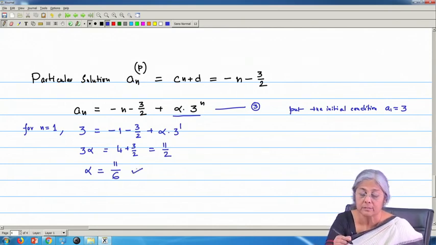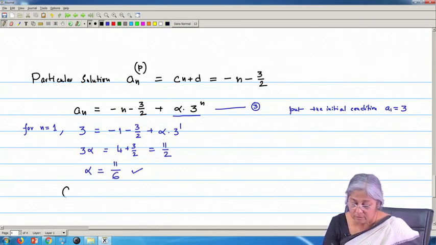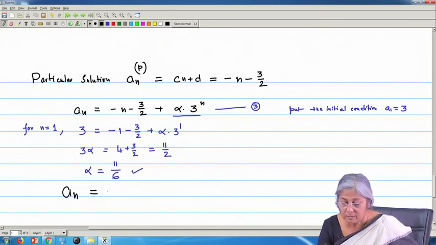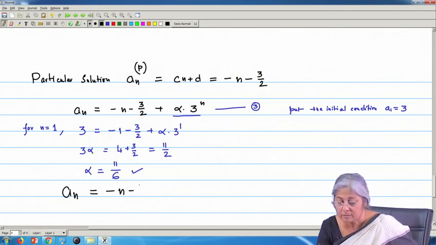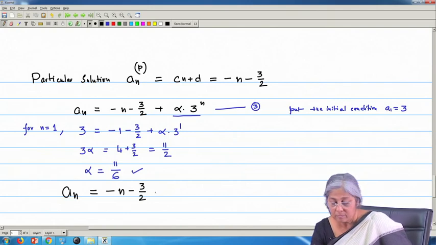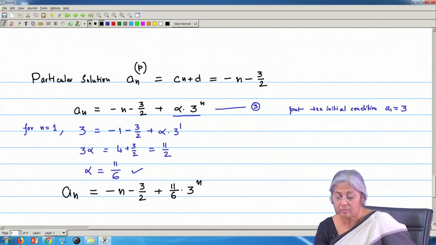So, now I can write my solution. The final solution is minus n minus 3 by 2 plus 11 by 6 into 3 to the power n.